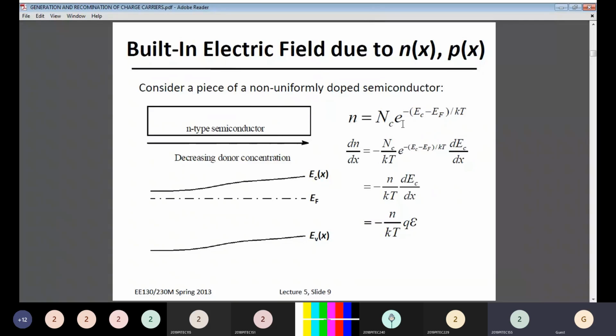N is equal to Nc e power minus of Ec minus Ef by Kt. dn by dx is equal to minus Nc by Kt e power minus of Ec minus Ef by Kt into dEc by dx, which is equal to minus N by Kt, because this entire thing is replaced by N. So minus N by Kt into dEc by dx, which is equal to minus N by Kt. dEc by dx is equal to Q into epsilon.